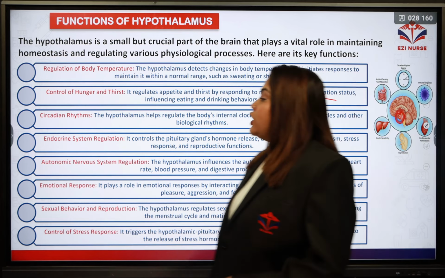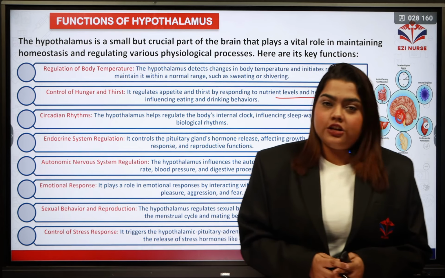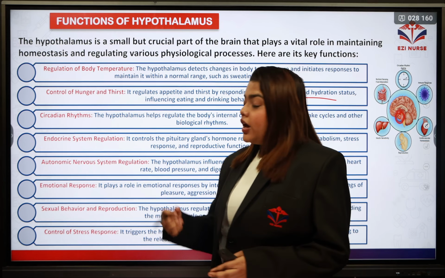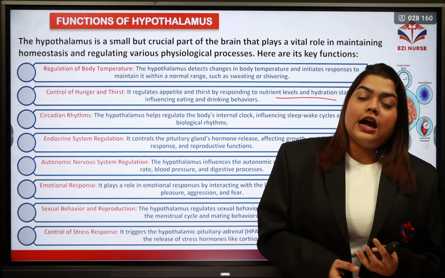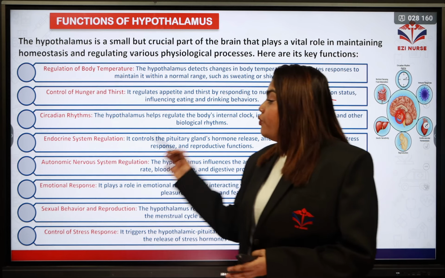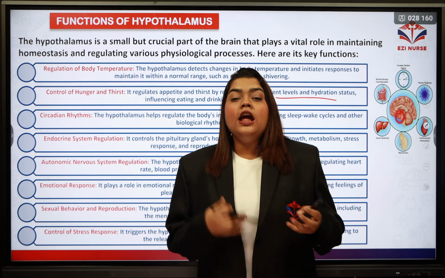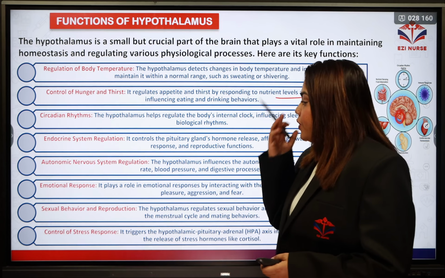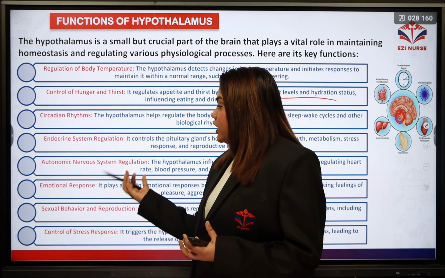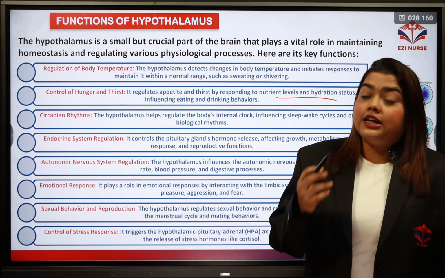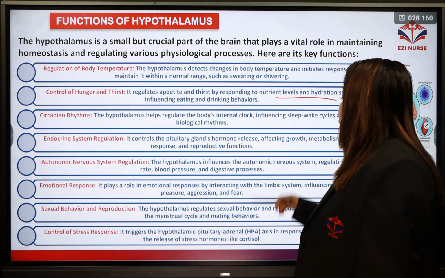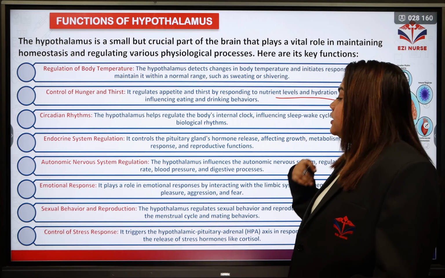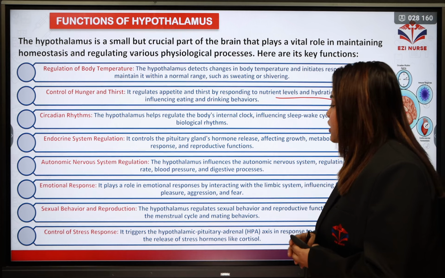Next we will move on to endocrine system regulation. As we know, the endocrine system is a hormonal system, and it produces different kinds of enzymes and hormones which help our body regulate and do different functions. It controls the pituitary gland's hormone release, which affects growth, metabolic rate, the stress response and reproductive function.